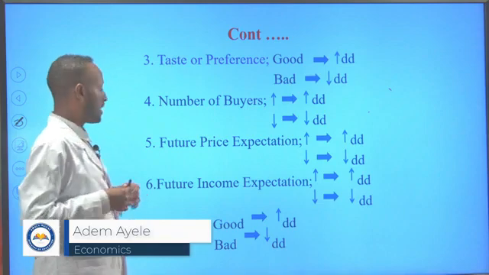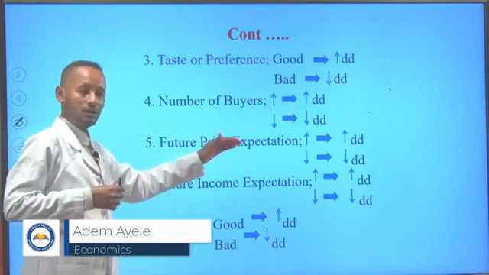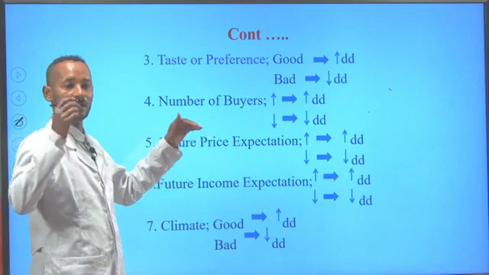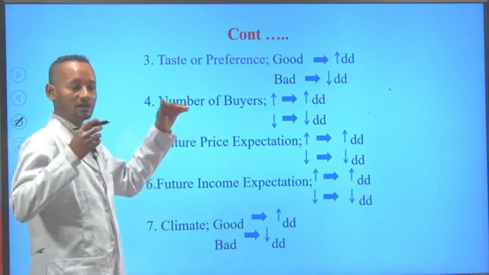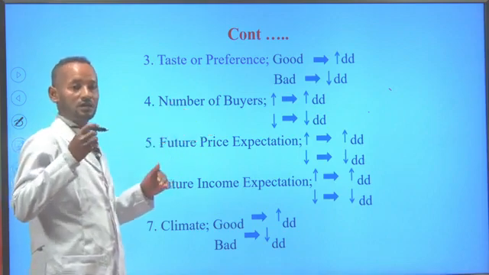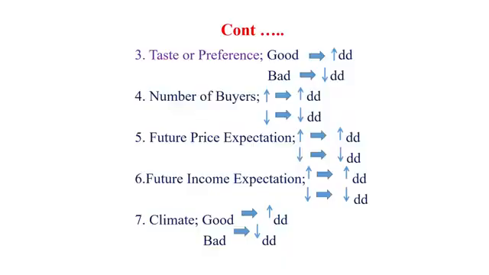Similarly, if you expect higher income in the near future, then the demand for a commodity will increase, and if you expect lower income in the future, then the demand will decline. Again, there is a direct relationship between changes in the direction of future income expectation and the demand for a good.